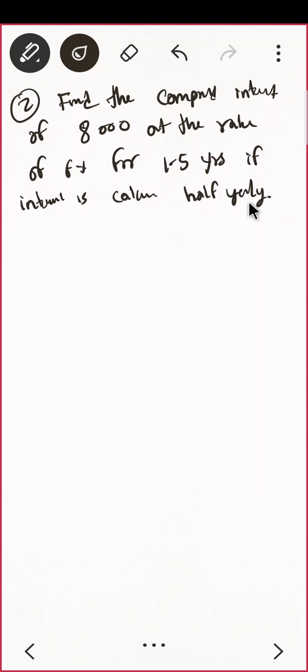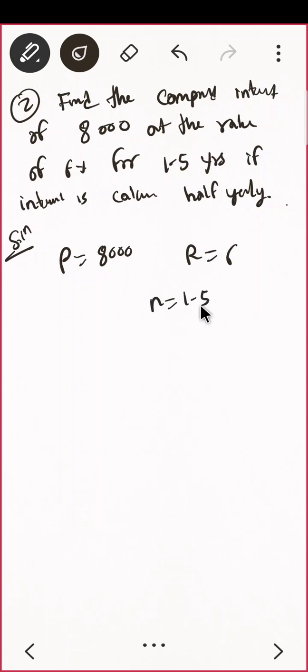Yeah, here they have mentioned you have to calculate interest half yearly. So let us write what is P, what is R, what is N. What is P? That is 8,000. What is R? That is 6. And what is N? That is 1.5. Correct?